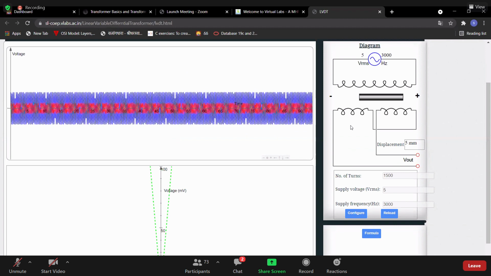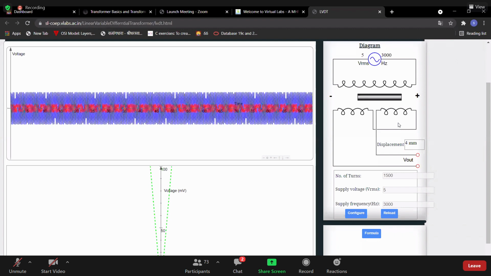In the LVDT experiment, we take a primary coil bound to this armature, and two secondary coils connected in series but in opposite polarity. When the armature is at the null position, residual voltage is present but considered negligible. When we move towards the right side, we get the voltage produced by one secondary coil minus the voltage produced by the other secondary coil.